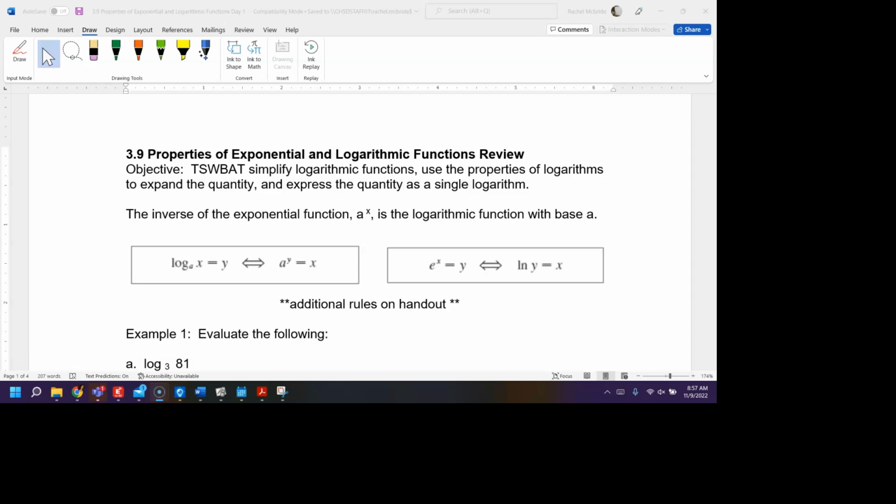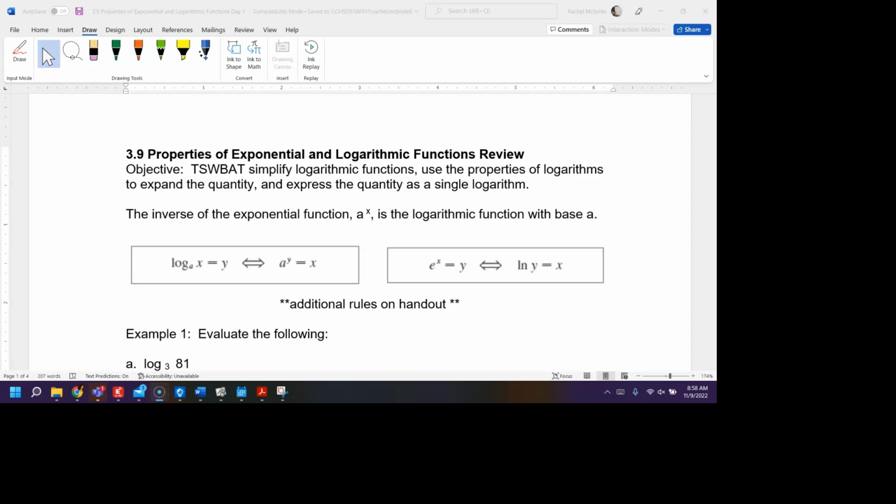So we have log base a of x equals y can be transformed at any time to a to the y equals x. The converse of that is also true. If you have a to the y equal to x, you can turn it into log base a of x equal to y.